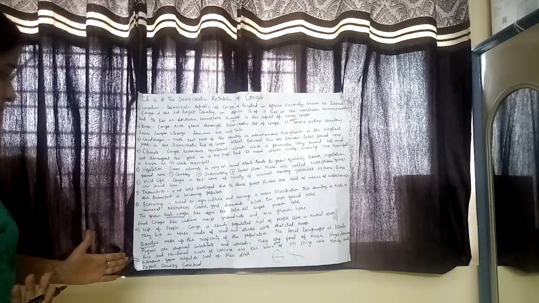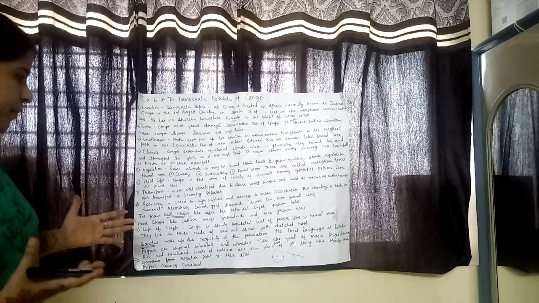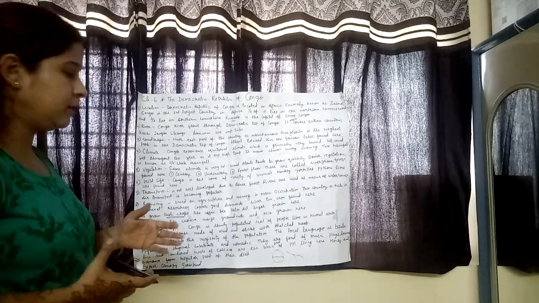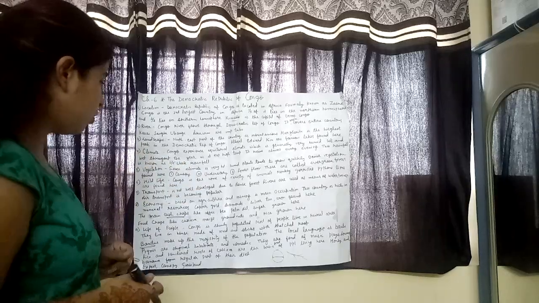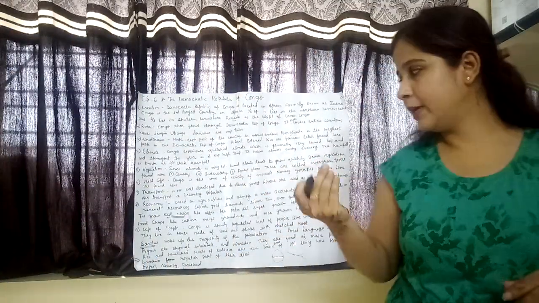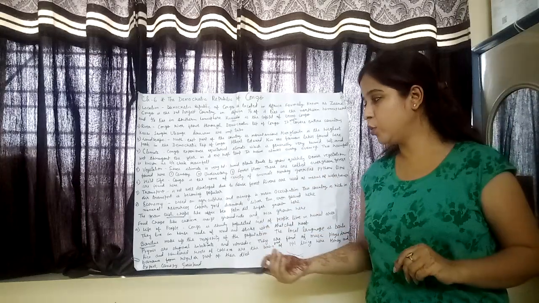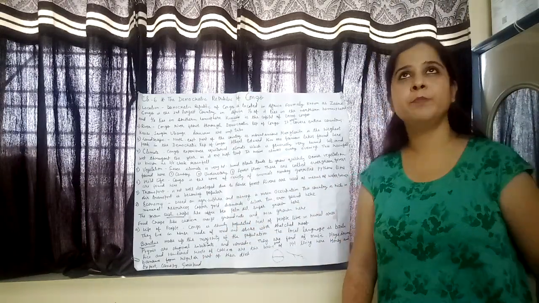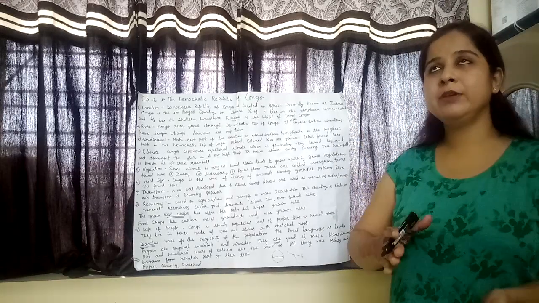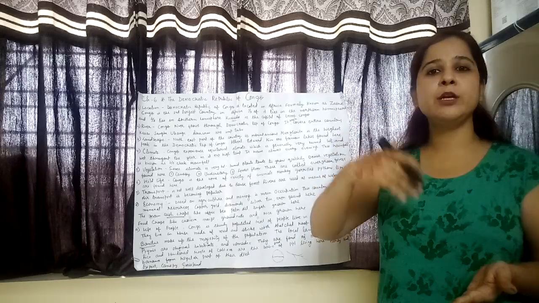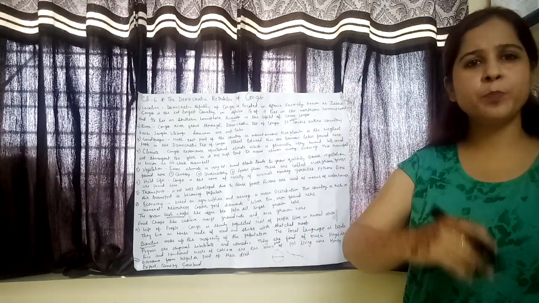Fine. Now this is all about the Democratic Republic of Congo. Now there are some terms which we need to go through, like export. What is export? Export is an activity like sending something from your own country to another country or from your own place to another place.